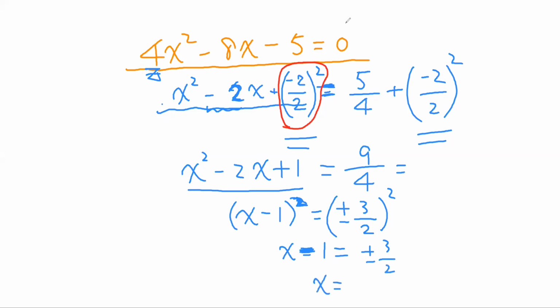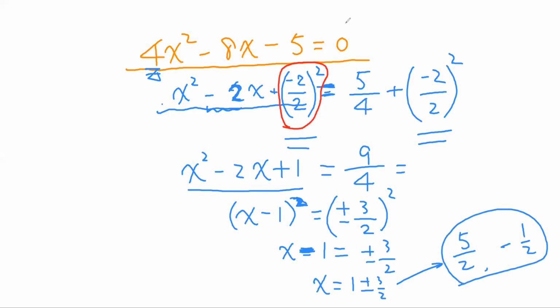So x can be 1 plus or minus 2. So the first one would be 3, and the second one would be -1. You have 2 answers. Got it?